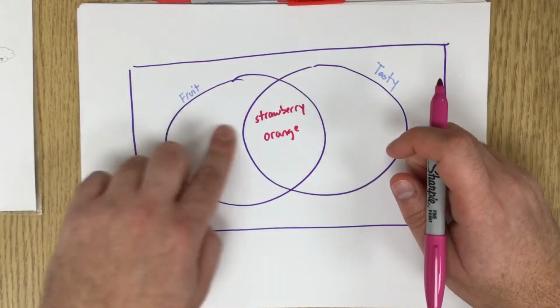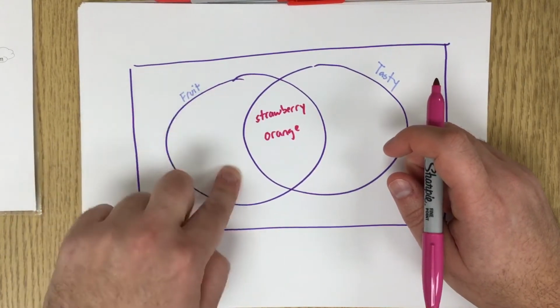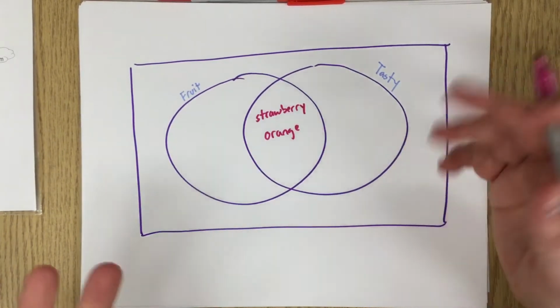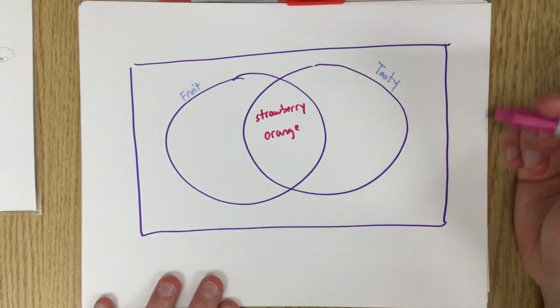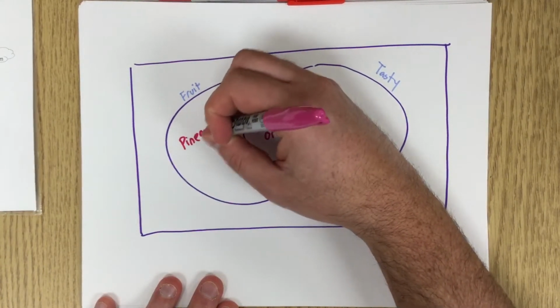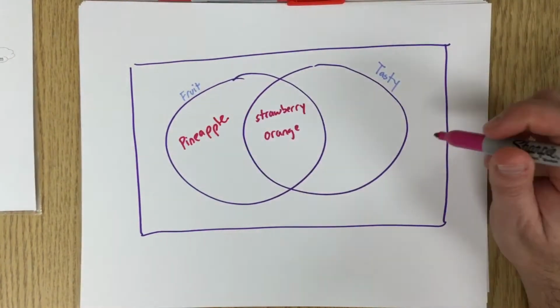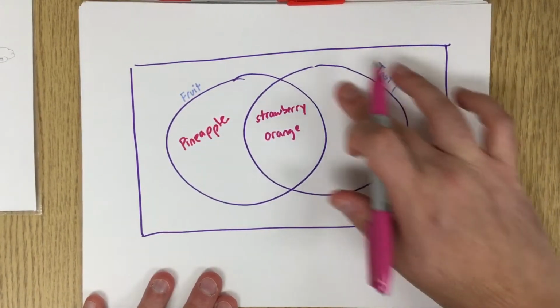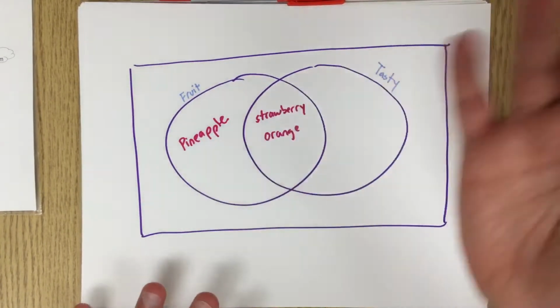Now let's say this area over here. It's in the fruit, but it's not tasty. So it's got to be a fruit that's not tasty. For example, a pineapple, which is of course hideously disgusting. Over here would be something that's tasty, but not a fruit.